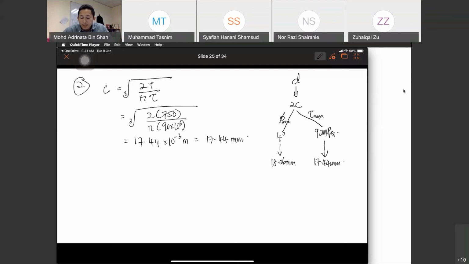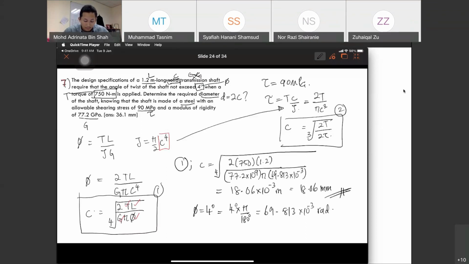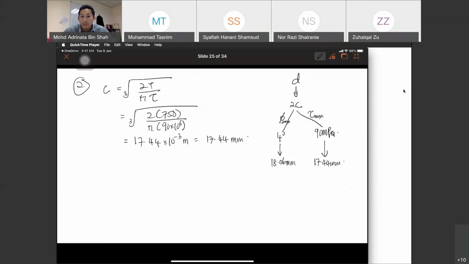Soalan kedua, cara lain, dia akan tanya tau maksimum kita berapa sekiranya diberikan angle of twist dan torque. Soalan sebelum ni, tau maksimum berapa?